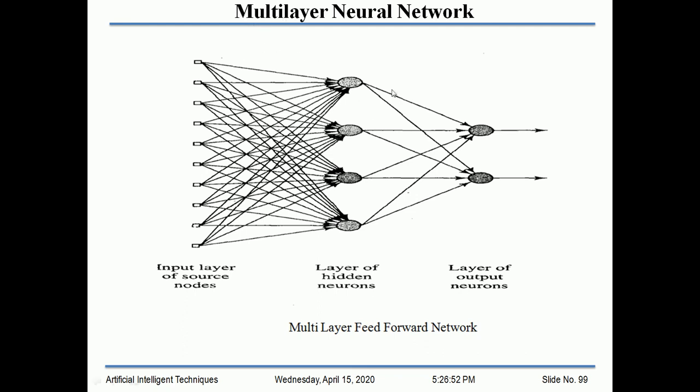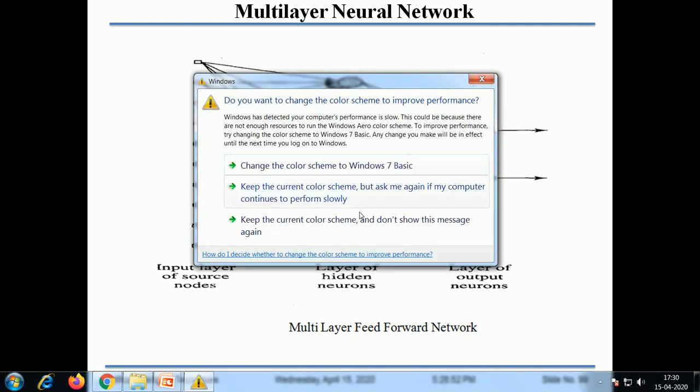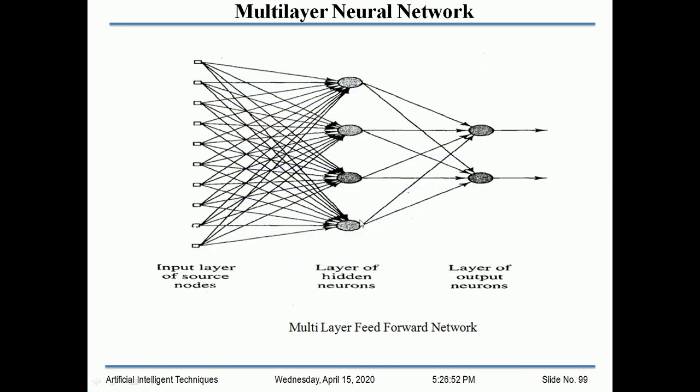So see here, this is a multi-layer neural network. As the word indicates, multi-layer, you have more than one layer of neurons connected. Any neural network will have a set of inputs and the outputs. So this is the set of the inputs, that is nothing but the input layer of source nodes, and these are the outputs.